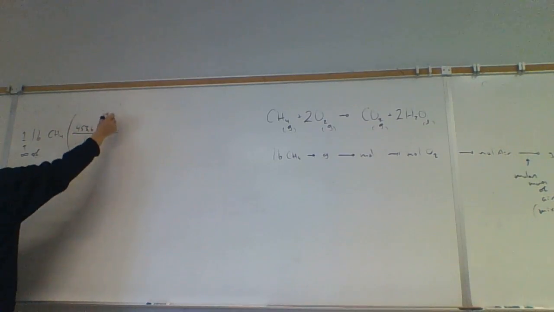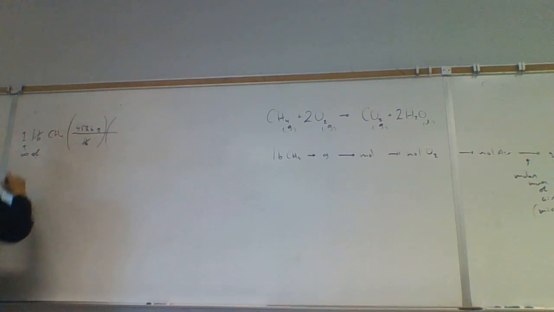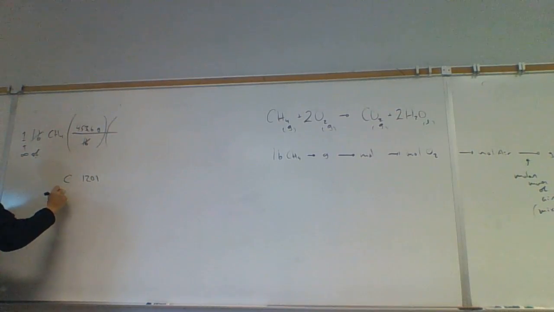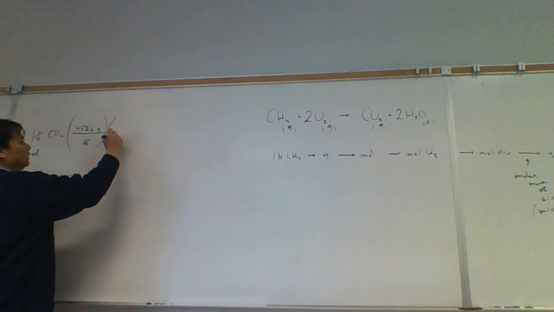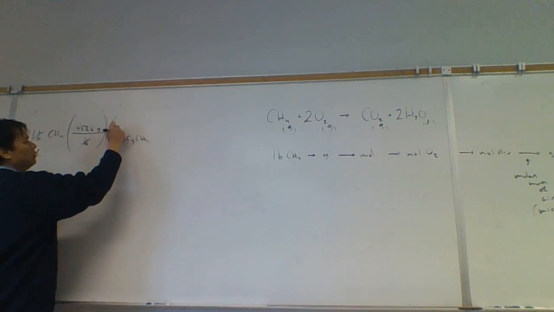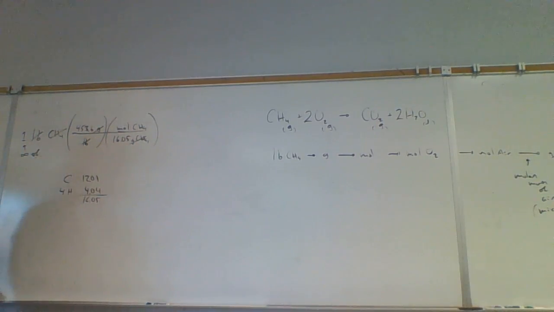That's not exact. So now we have grams of methane. From grams of methane, we need the molar mass. What's the molar mass of carbon? 12.01. Then we have 4 hydrogens, which is going to give us 4.04. So this gives us 16.05 grams of methane in a mole of methane. And so here, grams of methane cancel, and that leaves us with moles of methane.